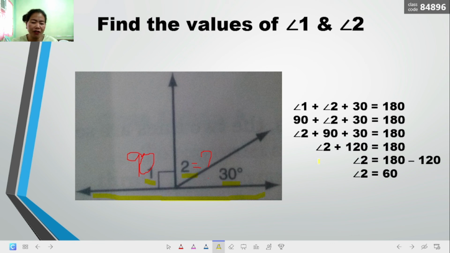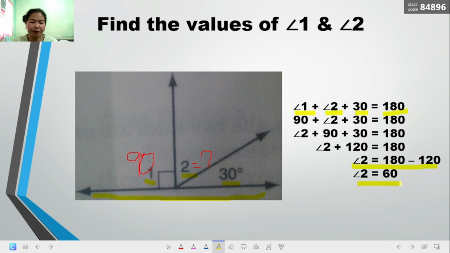So 180 minus 90, the right side of the perpendicular line here is 90 degrees. Therefore, 90 minus 30 is 60. Therefore, angle 1 is equal to 90 degrees and angle 2 measures 60 degrees.